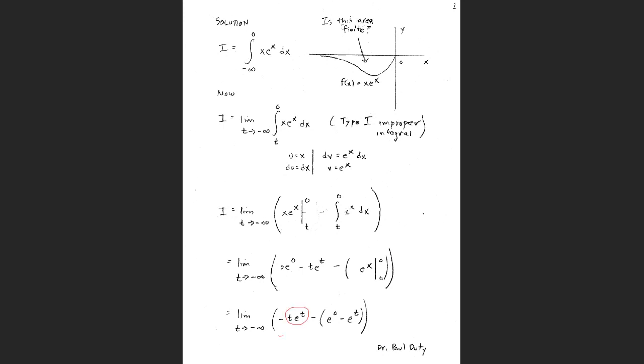So t goes to negative infinity. We're taking negative infinity and multiplying it by e to the negative infinity, right? You learn this from your section 4.5 exercises, L'Hopital's rule. This is an indeterminate form, right? You have negative infinity times 0.